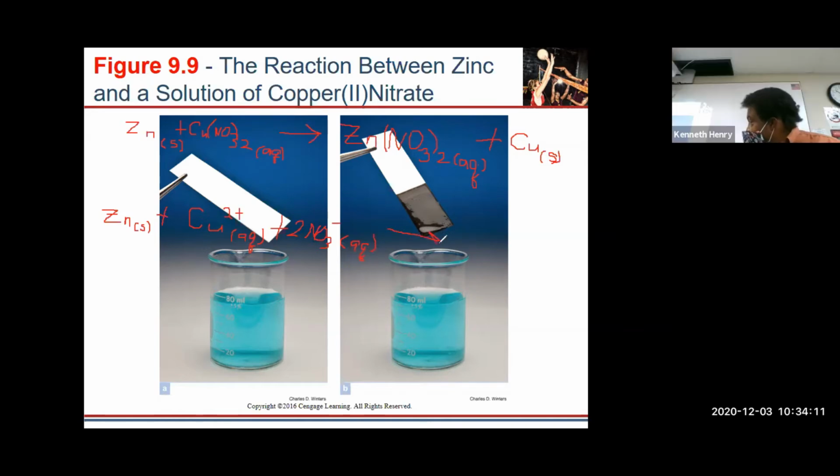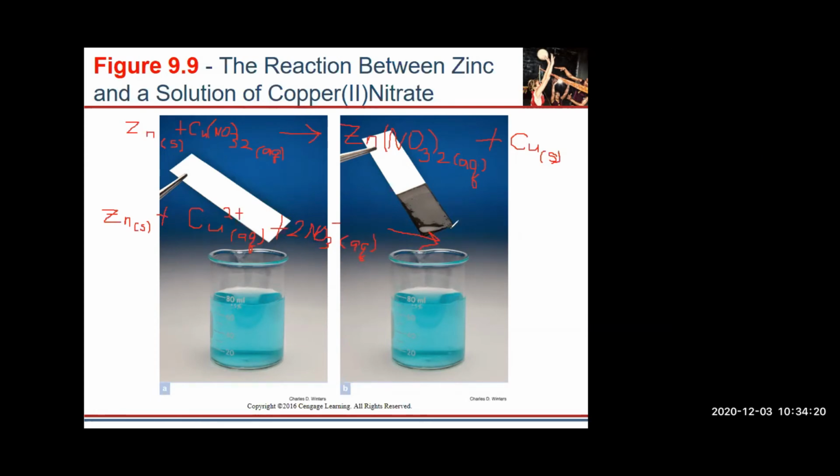And now we can go to the product side. It's Zn with a positive 2 charge, and it's aqueous. Okay.